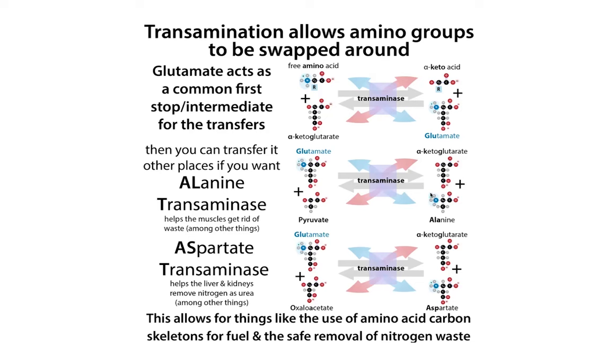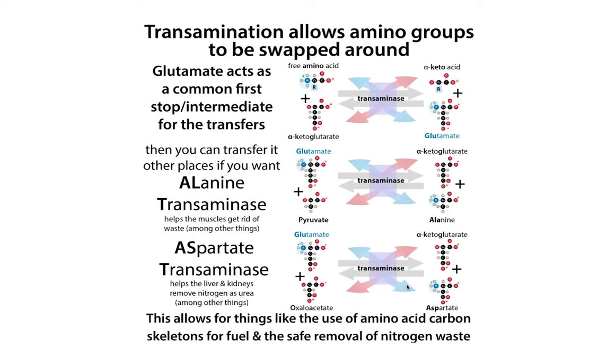And this way you'd be able to make alanine from any amino acid if you transferred the amino group from the first amino acid onto α-ketoglutarate. Now you have this enzyme, alanine transaminase, that can take that amino group and pass it on to pyruvate to give you alanine. Similarly, aspartate transaminase can pass an amino group from glutamate onto oxaloacetate to give you aspartate.